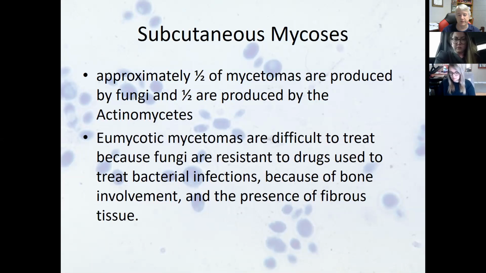So we may end up doing a lactophenol blue or a wet prep to look for fungi, but we may be doing gram staining to look for actinomyces. Eumycotic mycetomas are difficult to treat. The fungi are resistant to drugs because of bone involvement and the presence of fibrous tissue.